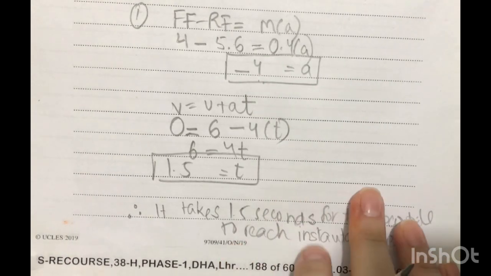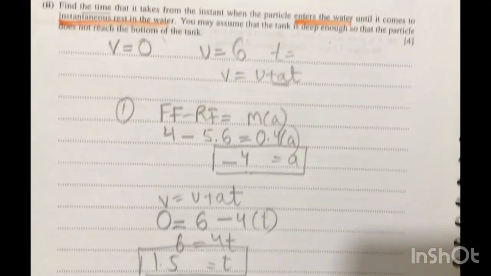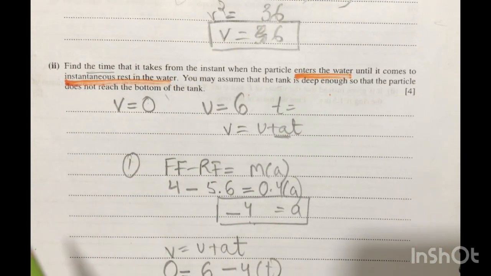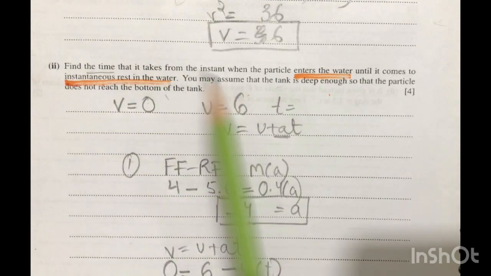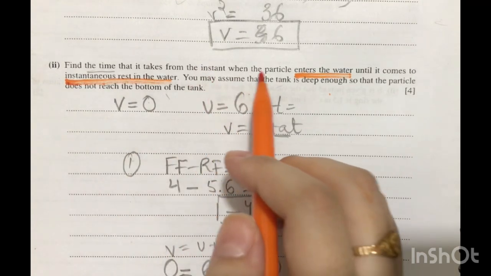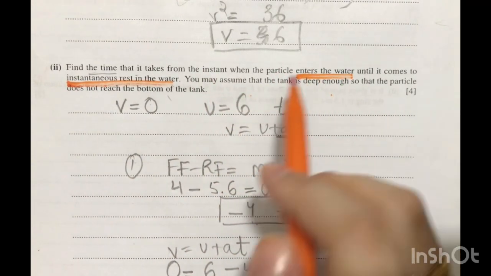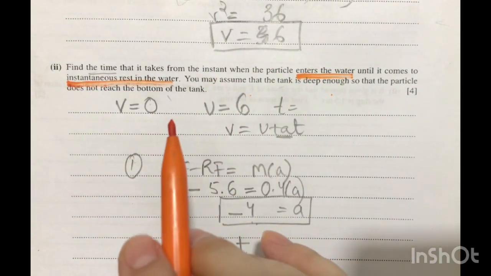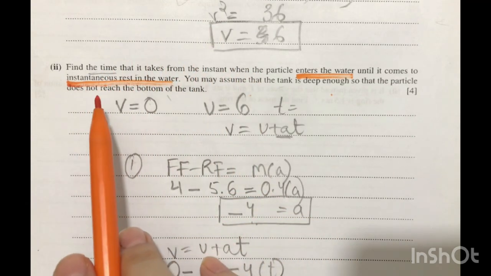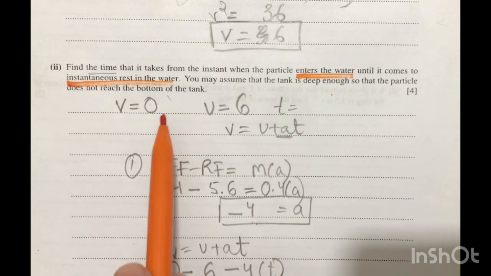Now, this question was pretty straightforward, but sometimes the examiner will try to trick you by changing the wording of the question. In this question, they said to find the time that it takes from the instant when the particle enters the water. So sometimes they can trick you by asking you to find the total time until the particle reaches instantaneous rest.